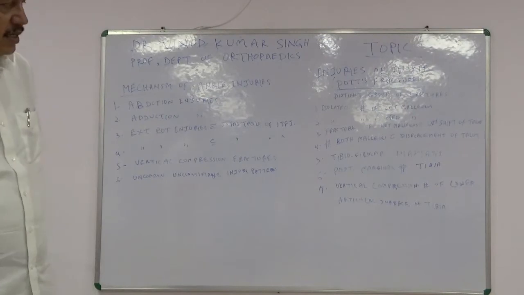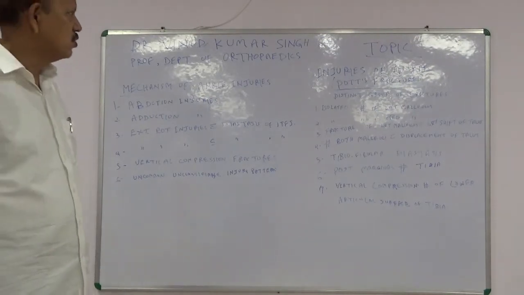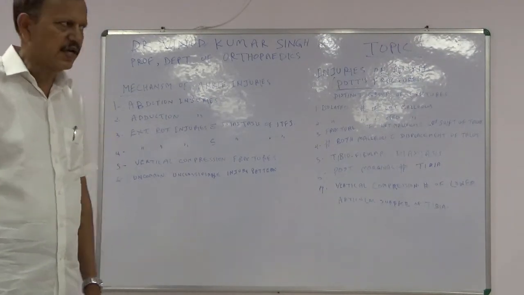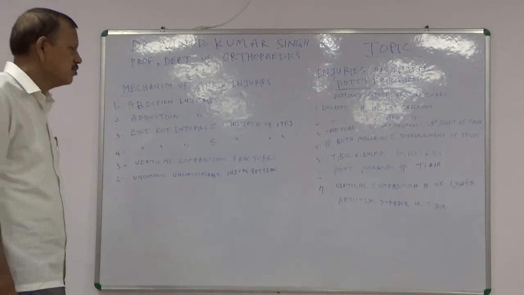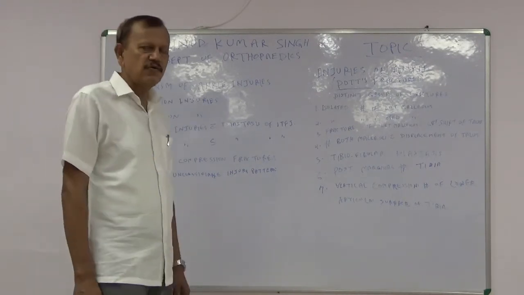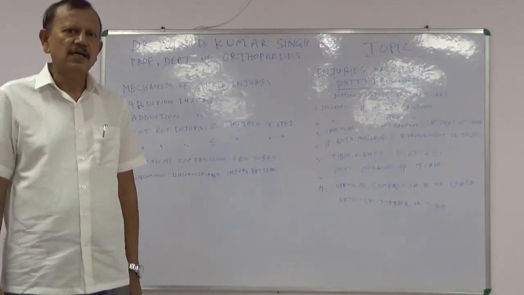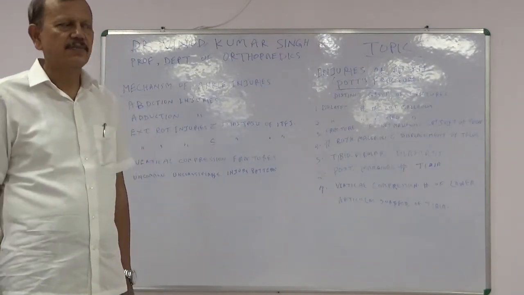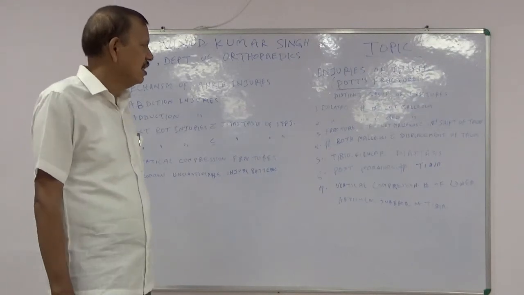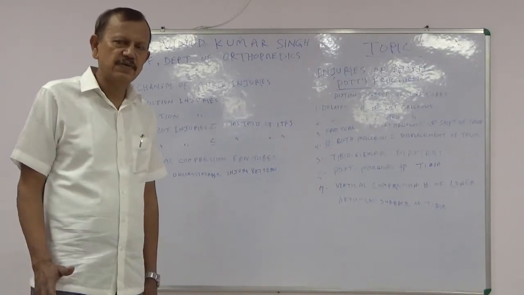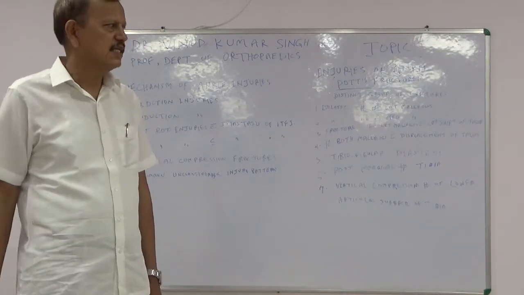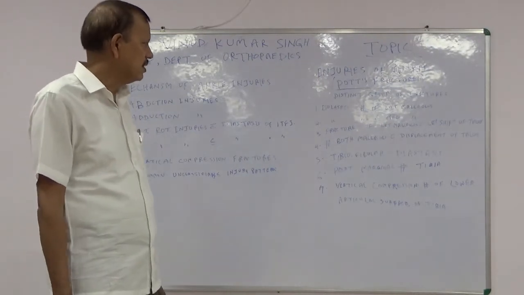Before moving further, we must know some brief anatomy of the ankle joint. The ankle joint is actually a mortise. It is a hinge joint with movement in only one plane. The mortise is formed by the lower end of the tibia and fibula, and the tenon is formed by the talus bone.